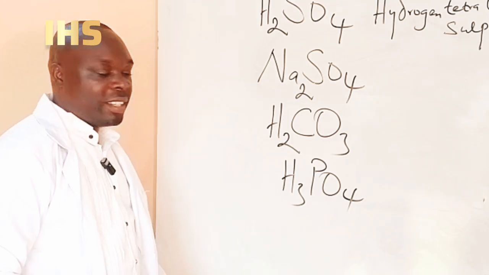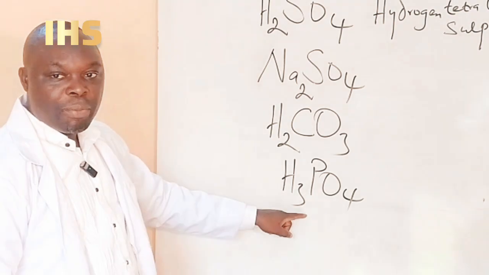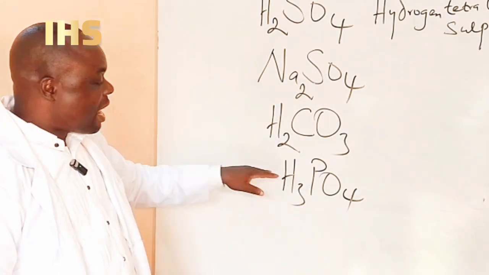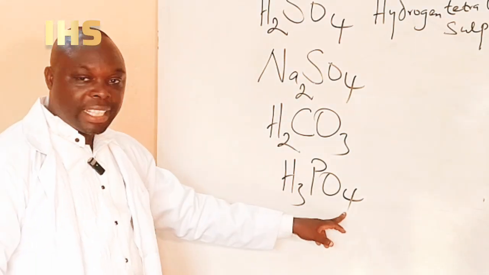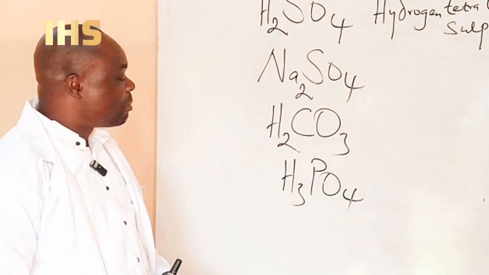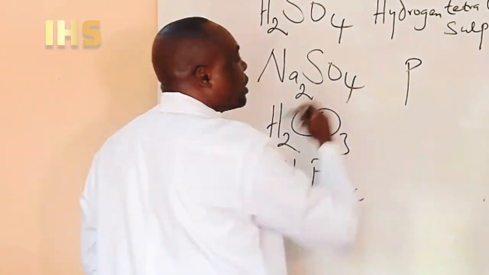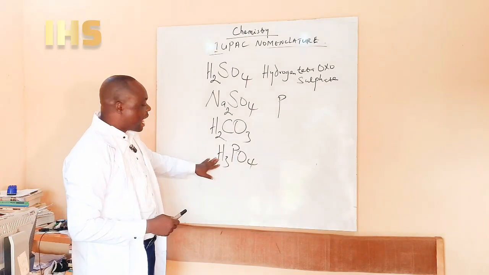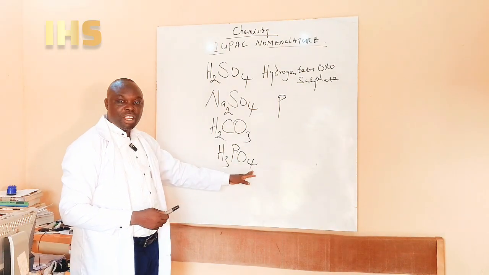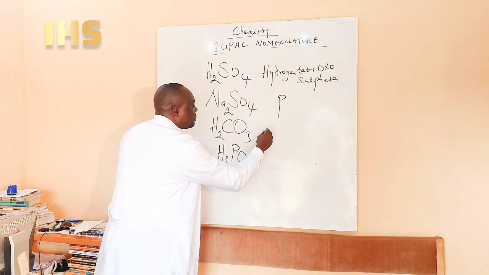What if I have this one, H3PO4? You have to start from the first one here. This is hydrogen tetra oxo phosphate. That's what I told you: P is phosphorus. So this is hydrogen tetra oxo phosphate.